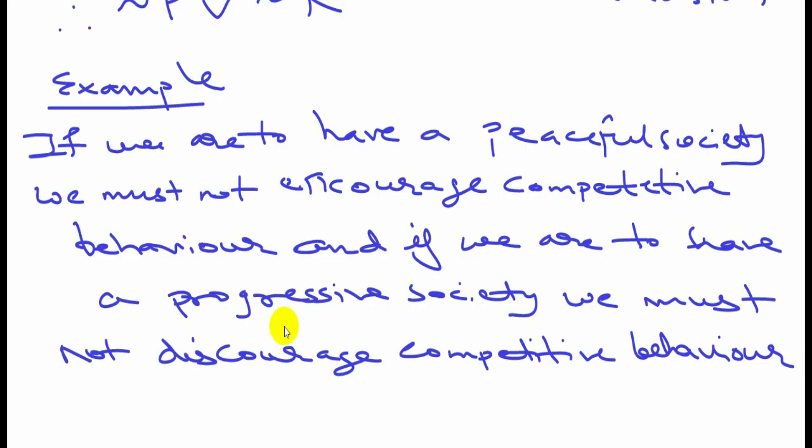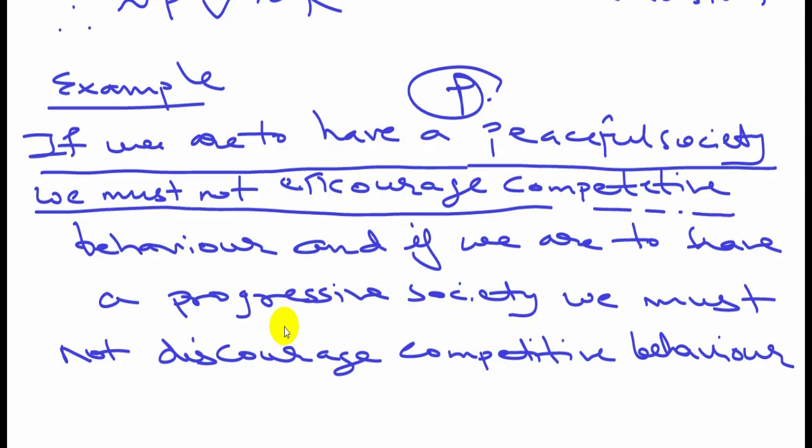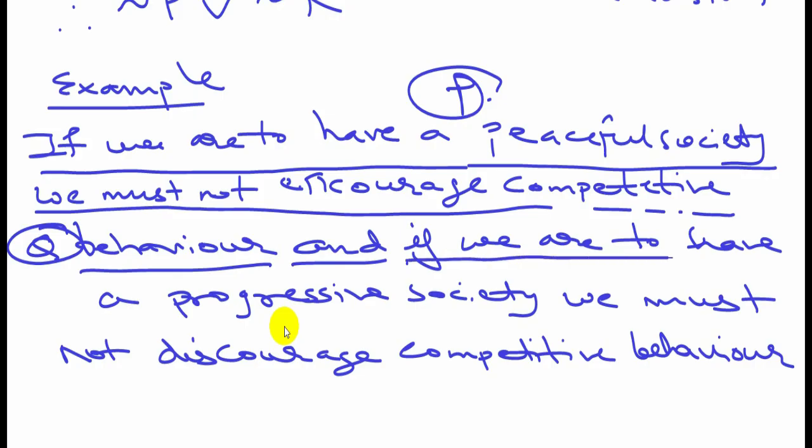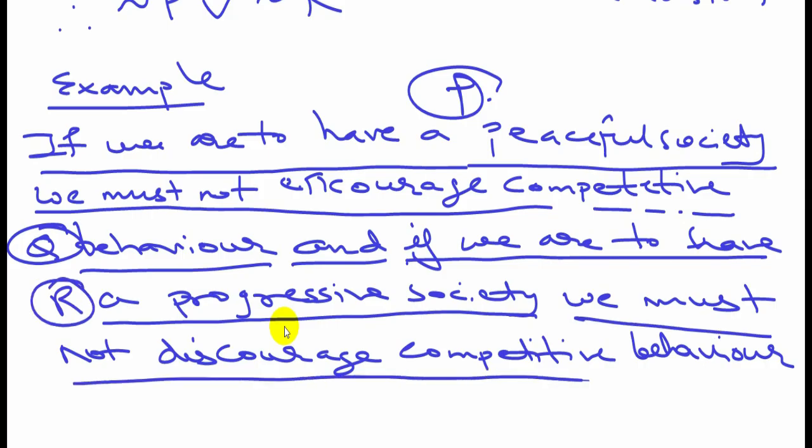So in this, we see if we are to have a peaceful society, this is your P. We must not encourage competitive behavior. This is your Q. And if we are to have a progressive society, this is your R, we must not discourage competitive behavior.